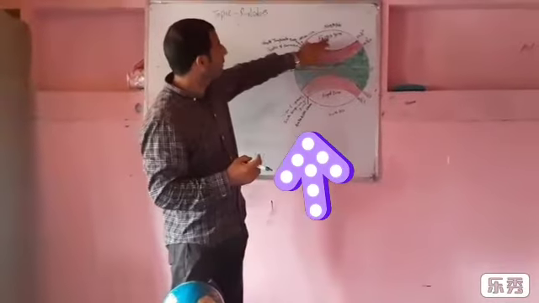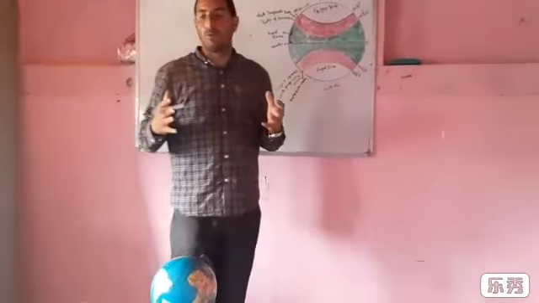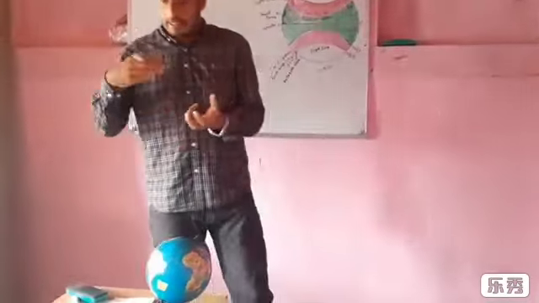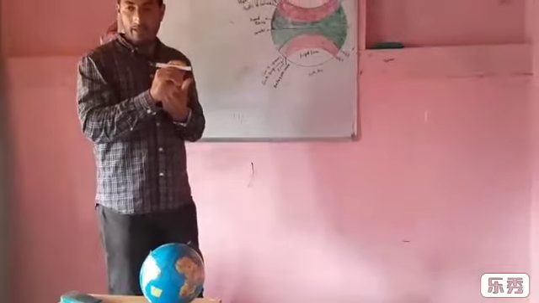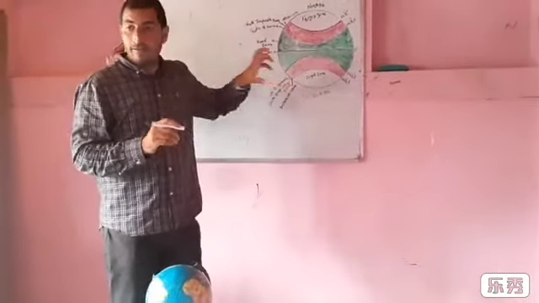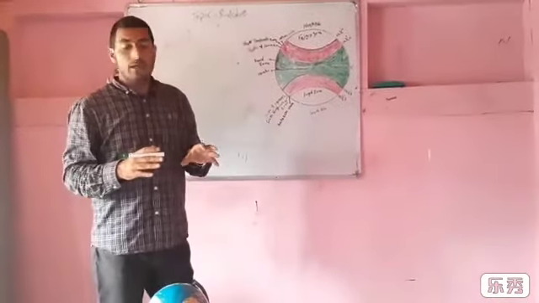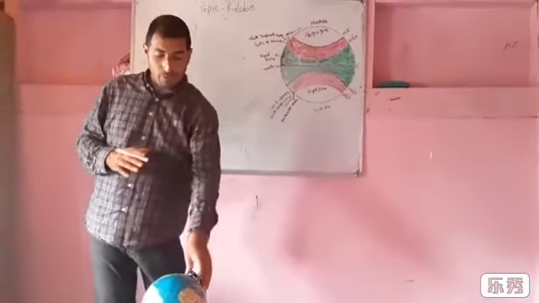At the last, there is the frigid zone. This zone is very cool. Why? Because the sun rays hit this portion of the globe vertically, not directly as in the torrid zone. That is why the temperature is very low. There is only ice here.